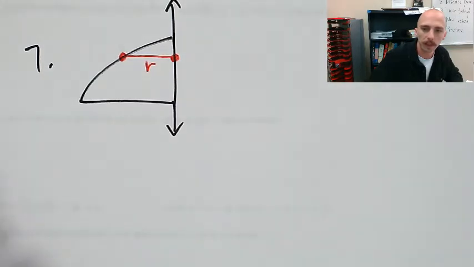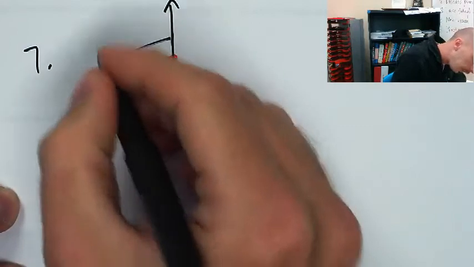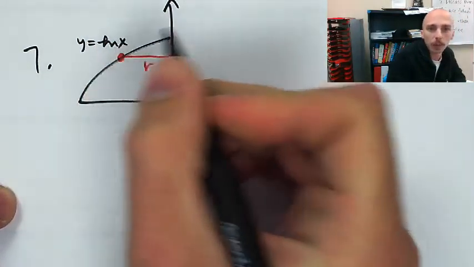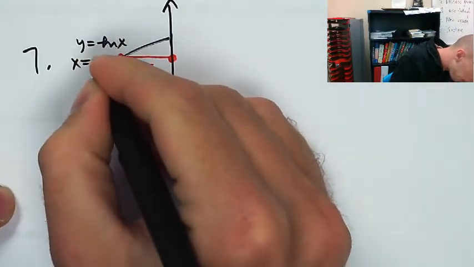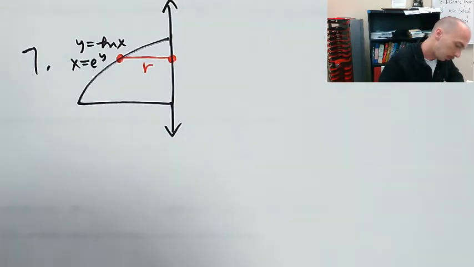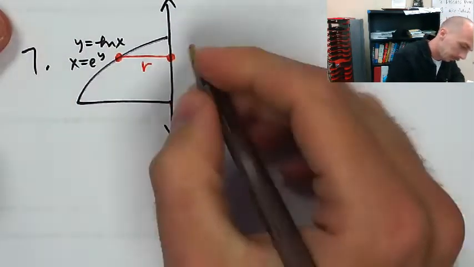It's going to be y equals log of x, so that means x equals e to the y. That's kind of what it means to be a natural log. So I'm going to say, all right, on the right, I've got x equals e.